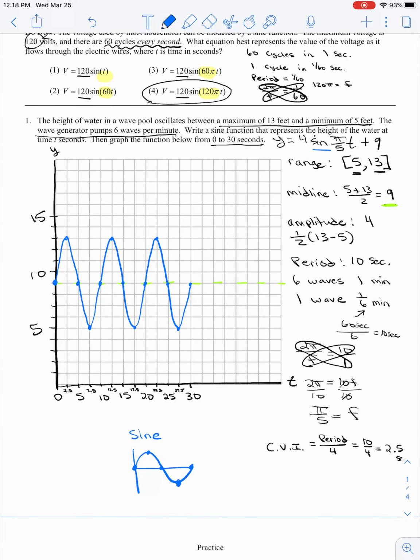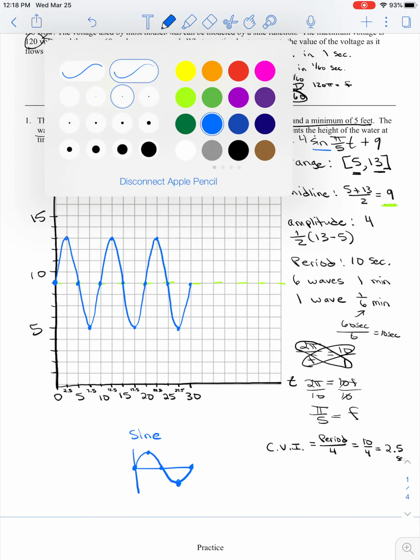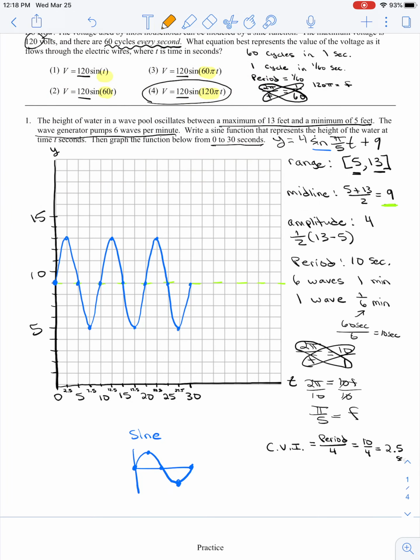Now you might be thinking to yourself, well, could I have drawn my graph like this? Could I have said my equation was y equals -4 sine pi over 5t plus 9? And that is also correct because the question talked about the wave in the pool oscillating between a max of 13 and a min of 5, but they didn't say any more than that.